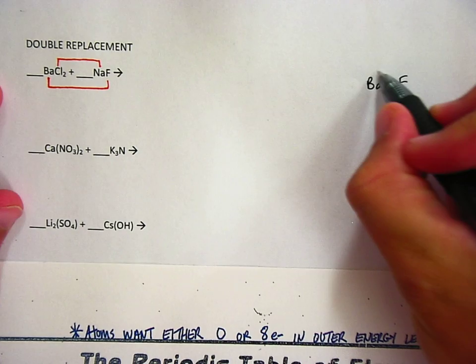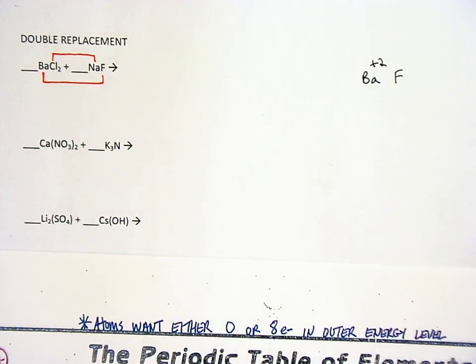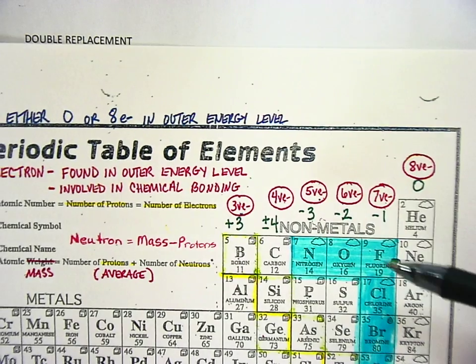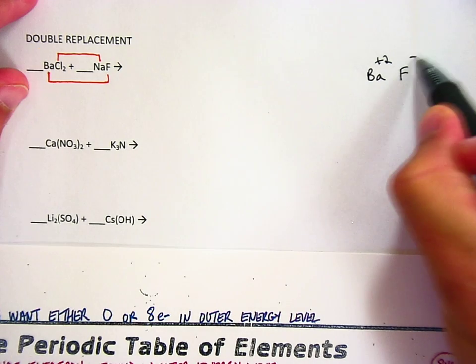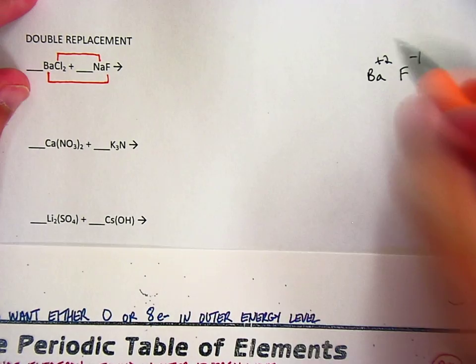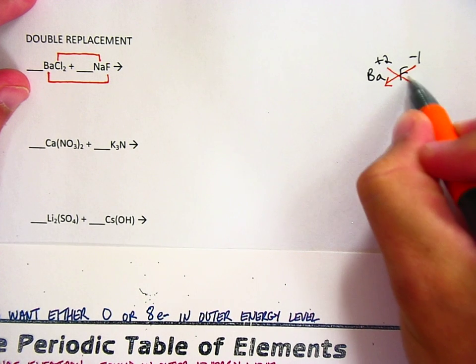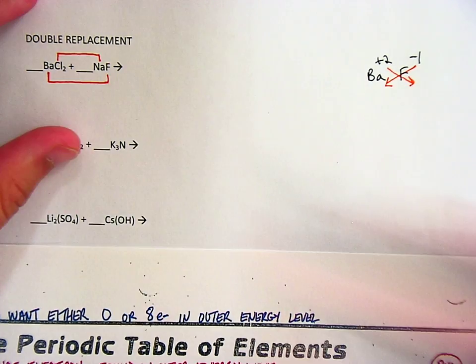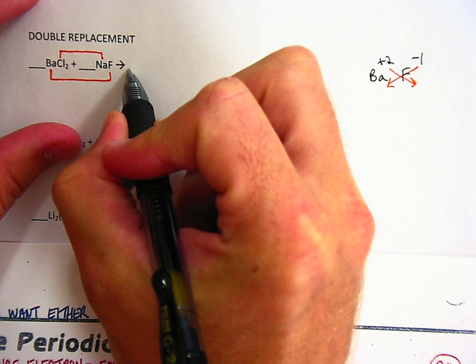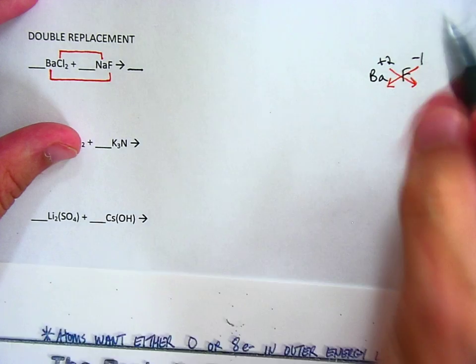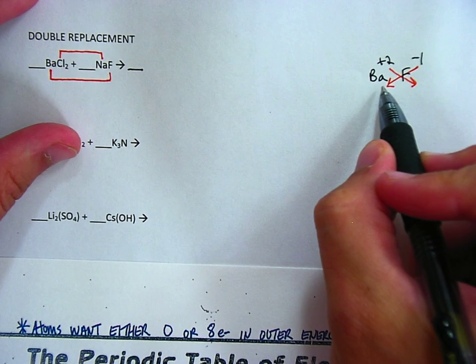So we'll write a +2 above it. Fluorine is over here and has a -1. So we'll do a -1 charge. So remember, we crisscross the numbers. So the 1 to the barium and the 2 to the fluorine. So the first product will be BaF2.